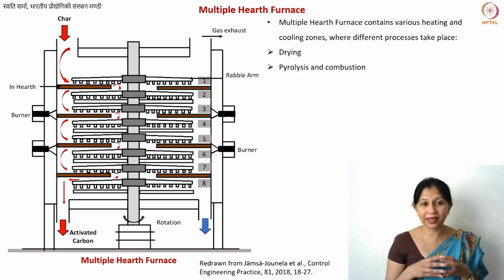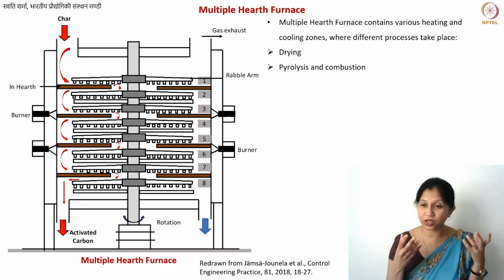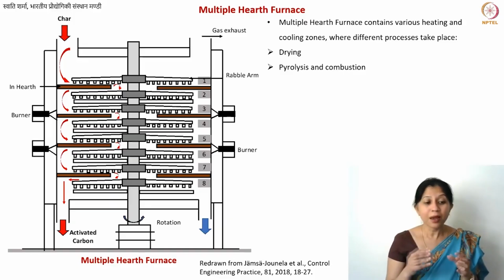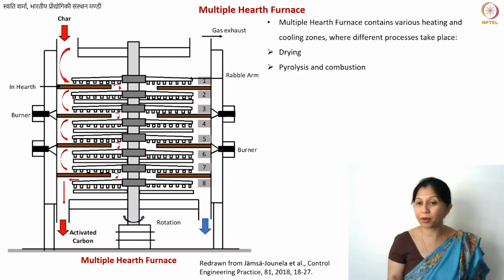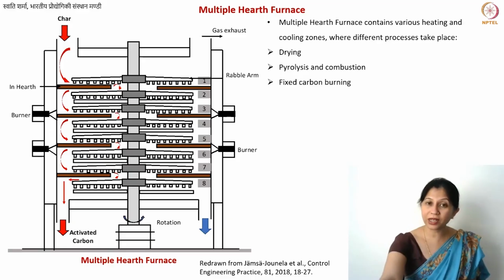But when you want to just perform the activation, pyrolysis may take place if you have some organic material left over in it. So for example, for very low purity chars, there may be some pyrolysis, some combustion also, if you want to burn away the undesired impurities. Okay, so that will take place.